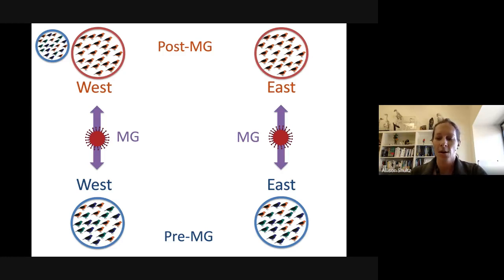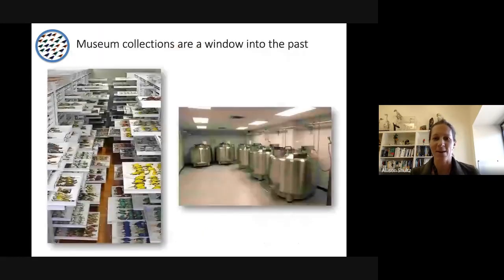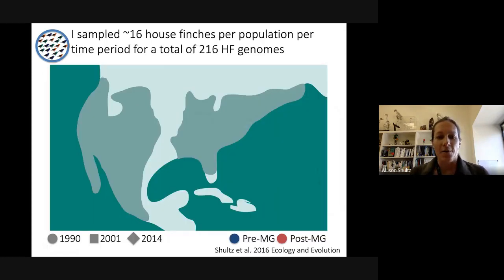And so while I don't have a time machine personally, it'll come as no surprise to any of you that museums are a great window into the past, and we can use those as time machines to get an idea of what populations were like in a previous time period in a given place. And so I sampled 16 house finches per population per time period for a total of 216 house finch genomes.